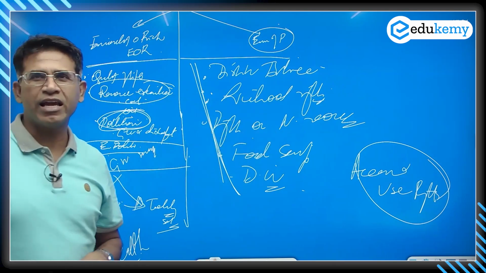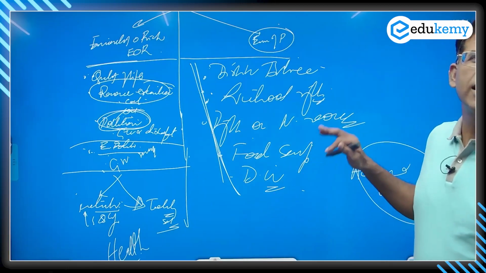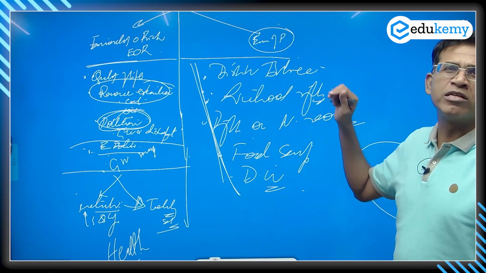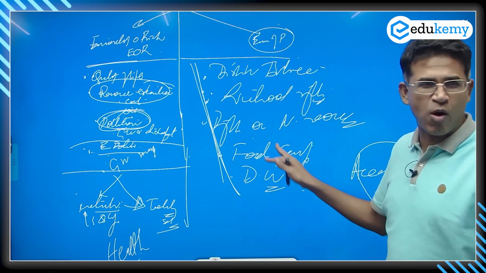So when I say environmentalism of the poor, this is about rights of livelihood. It's about distributive rights. It's about food security. It's about drinking water.